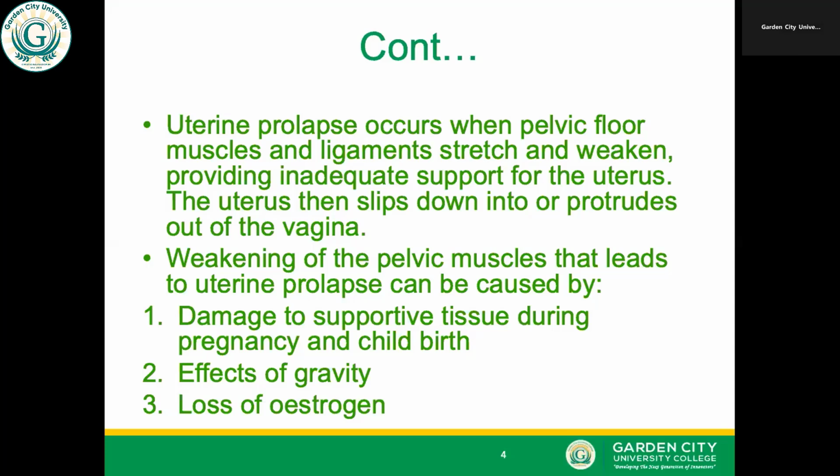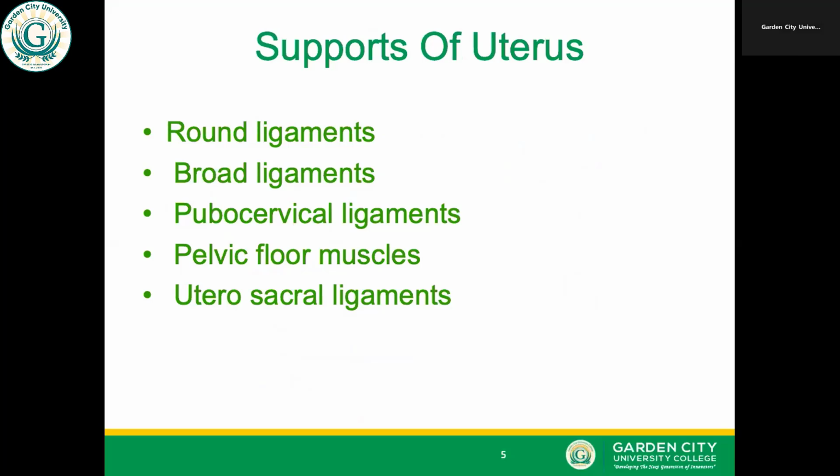So when there is a decrease in estrogen, it means that the ligaments around the uterus also become weakened and thereby cause uterine prolapse. Okay, so these are the supporting ligaments and muscles: we have the round ligament, the broad ligament, the pubocervical ligament, the pelvic floor muscles, and the uterosacral ligaments.